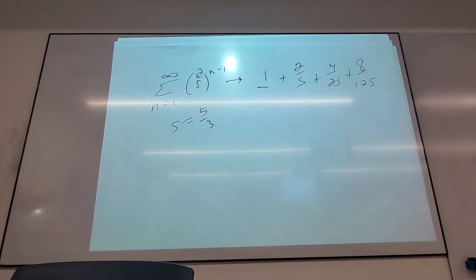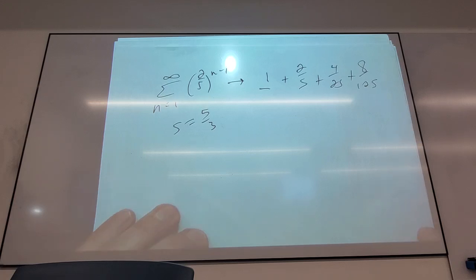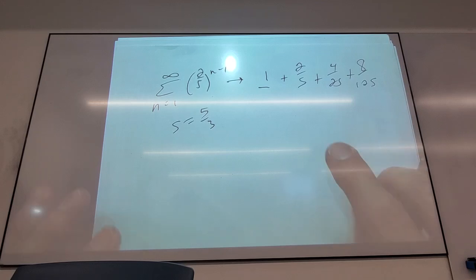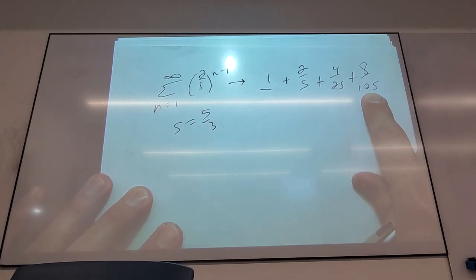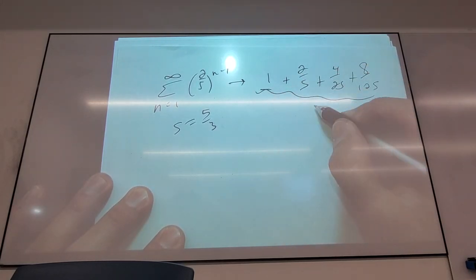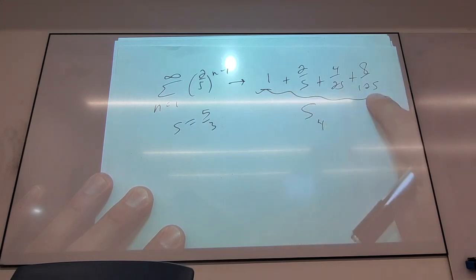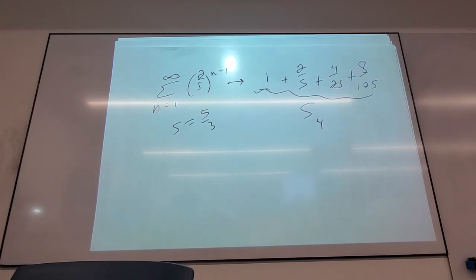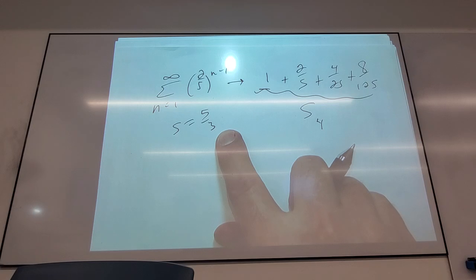And by the way, for a math teacher, it's really neat to be near the 8 and the 125, which are both cube numbers. 2 cubed, 5 cubed. If I stop here, what is that officially? S4. Yes? Okay. Do you all agree that if I add those up, I'm not going to get 5/3?